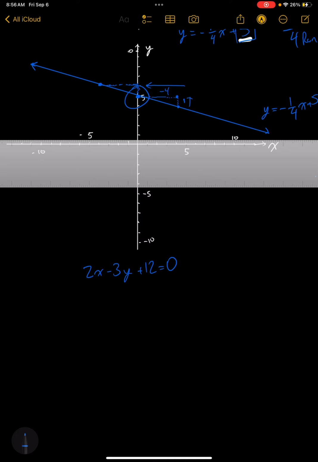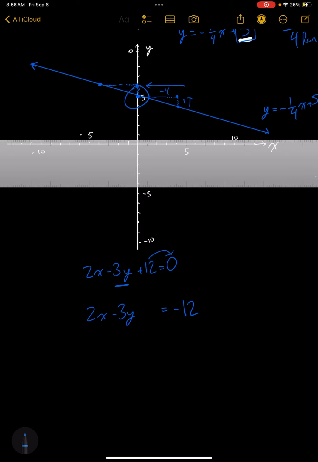So what does that mean? That means we have to put it in y equals mx plus b, so we have to isolate the y term. We have to move this 12 to that side. How do we do that? We subtract 12 from both sides. The 12 cancels out, and we take away 12 from the other side.